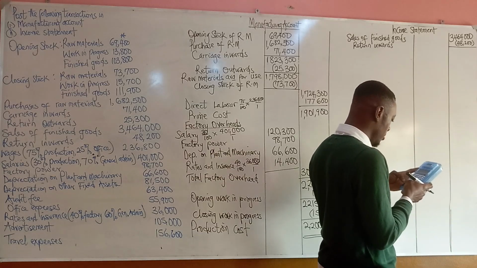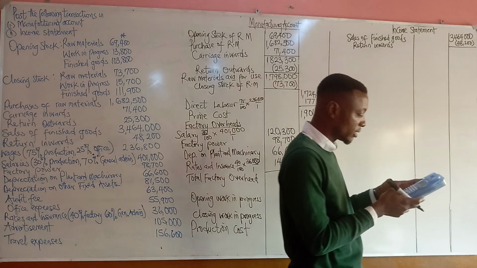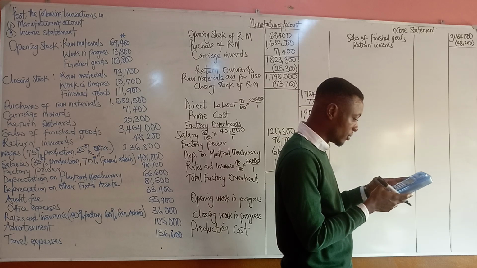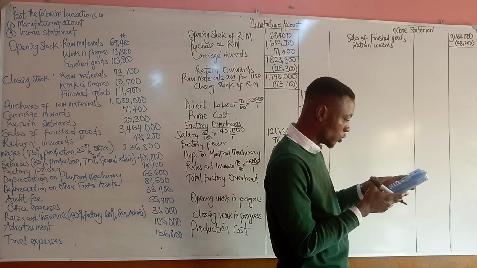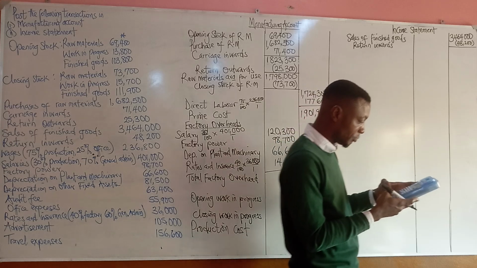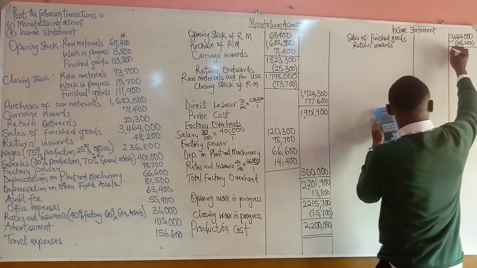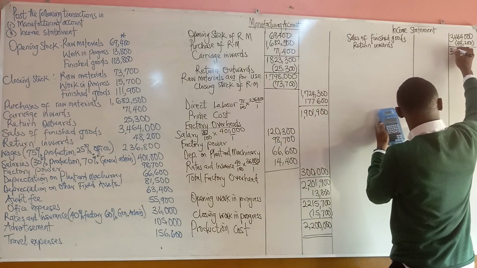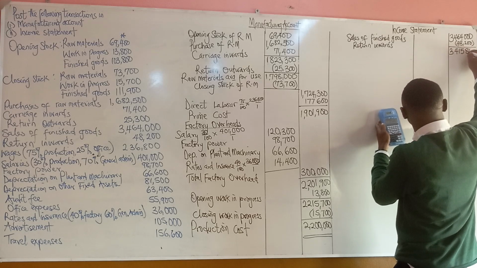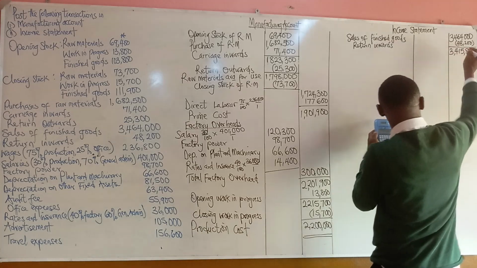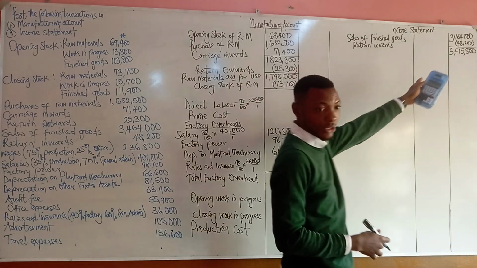So I have 3,464,000 minus 48,200. That will give me 3,415,800. That means this is the sales figure against which we compare the cost of goods that are sold.